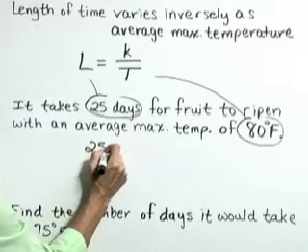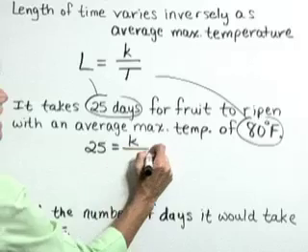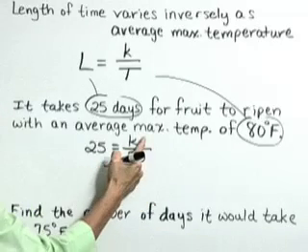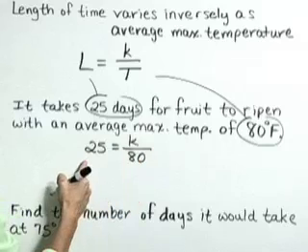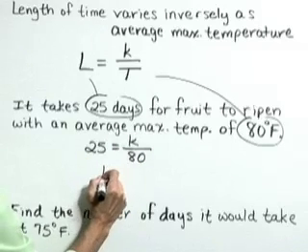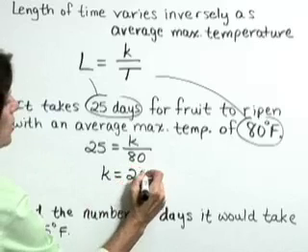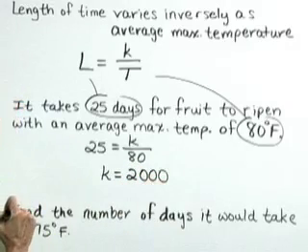So 25 is equal to K over 80, and this allows us to solve for K. Multiply both sides by 80. So K is equal to 25 times 80, or 2,000.